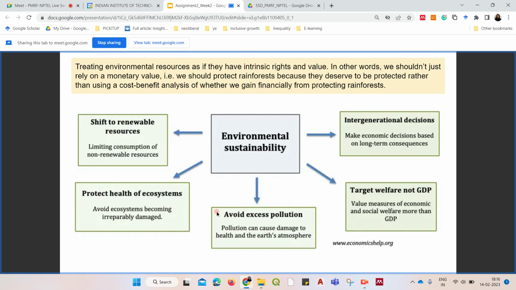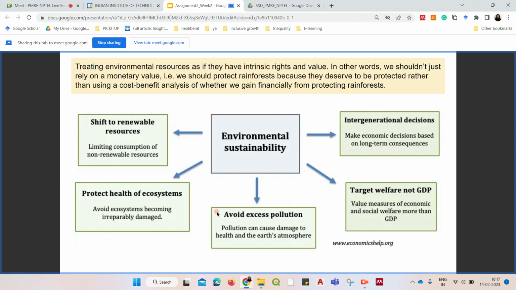Another component of it is targeting the welfare of the community and not just looking at the GDP. GDP is gross domestic product, an economical term which is used to signify the total economic output of a country.